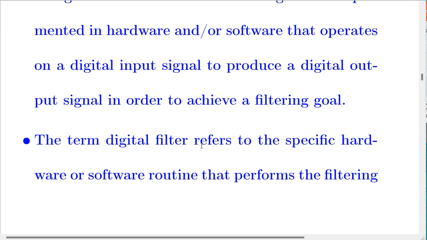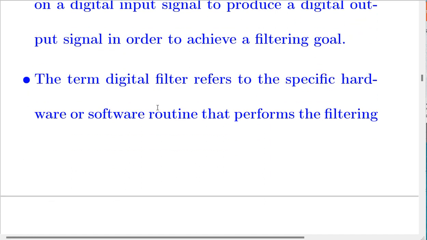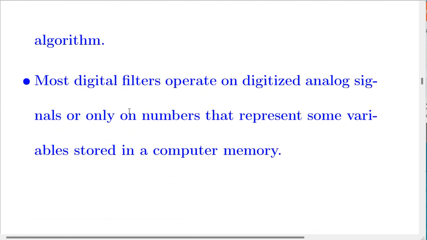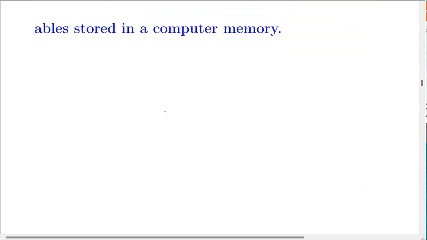The term digital filter refers to the specific hardware or software routine that performs the filtering algorithm. Most digital filters operate on digitized analog signals or only on numbers that represent some variables stored in a computer memory. Okay.